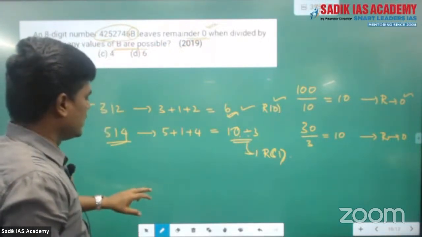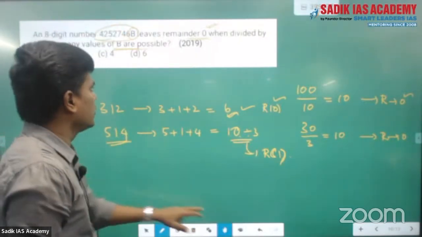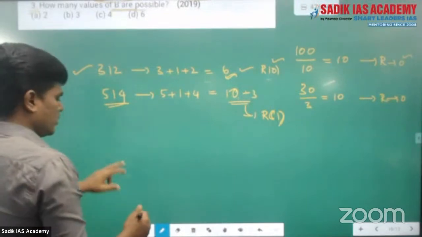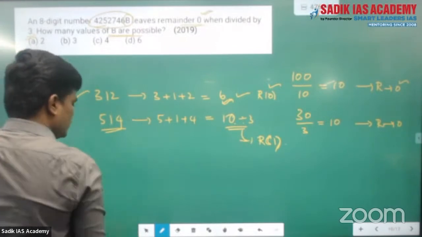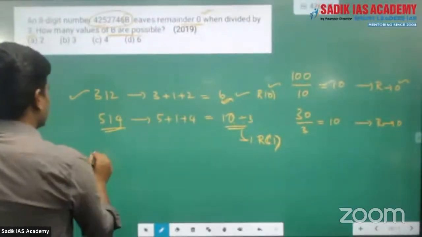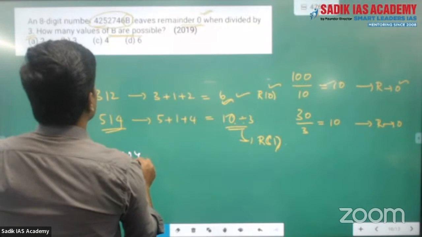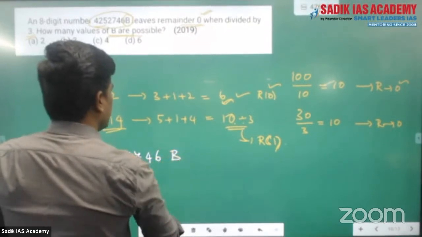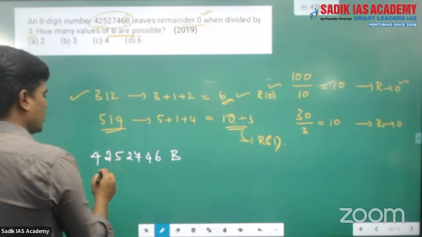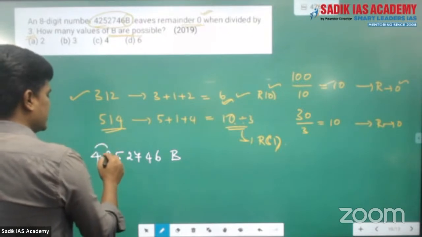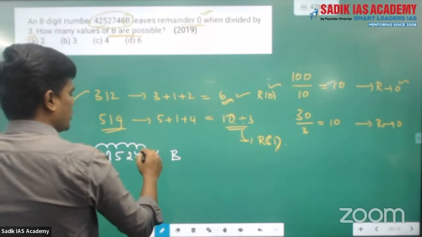Add all the digits, keep that B as it is, and verify what possible values you can substitute in B. So the number is 4, 2, 5, 2, 7, 4, 6, B. If I add all the digits of this number, I get 6, 11, 13, 20, 24, 30.